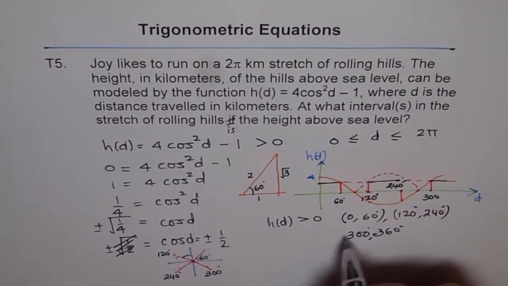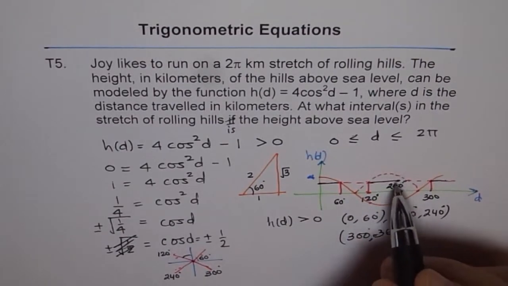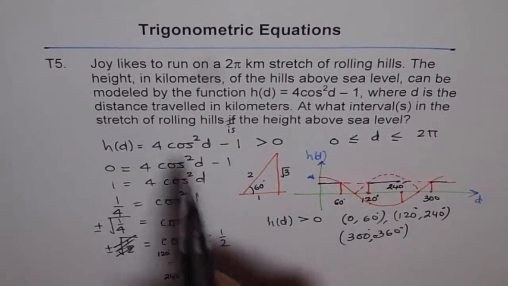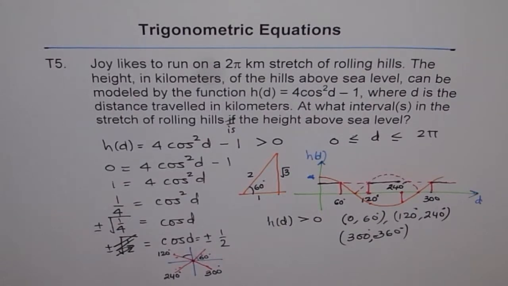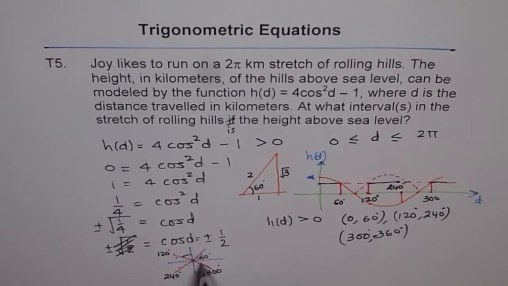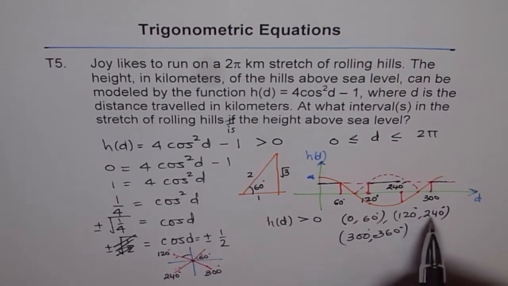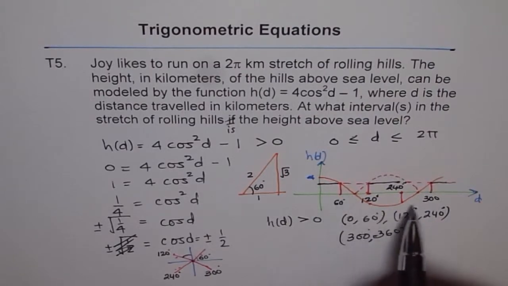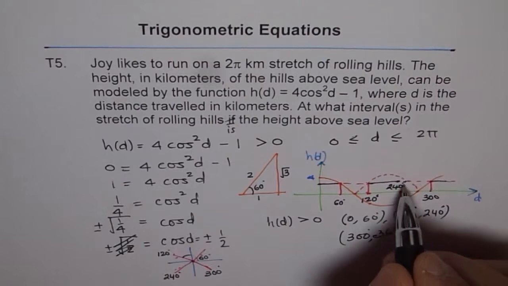So these are the 3 intervals when the height of the cos square d function is more than the sea level, correct? So that is our answer. I hope you get it, right? So the height is greater between these 3 intervals, as you can clearly see from the sketch. I hope you understand, right?